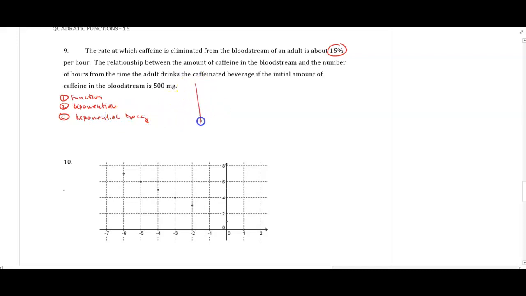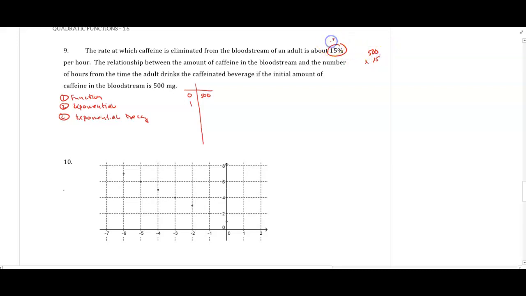Now, if I make this table, it would be 0, 500. Now, after 1 hour, if I'm going down 15%, that means I'm at 85% each time. So I could basically do 500 times 0.15.